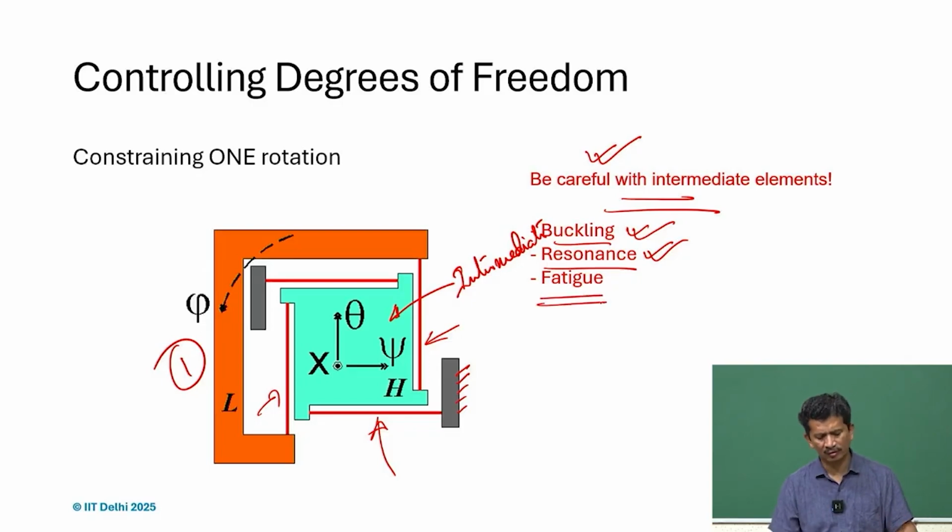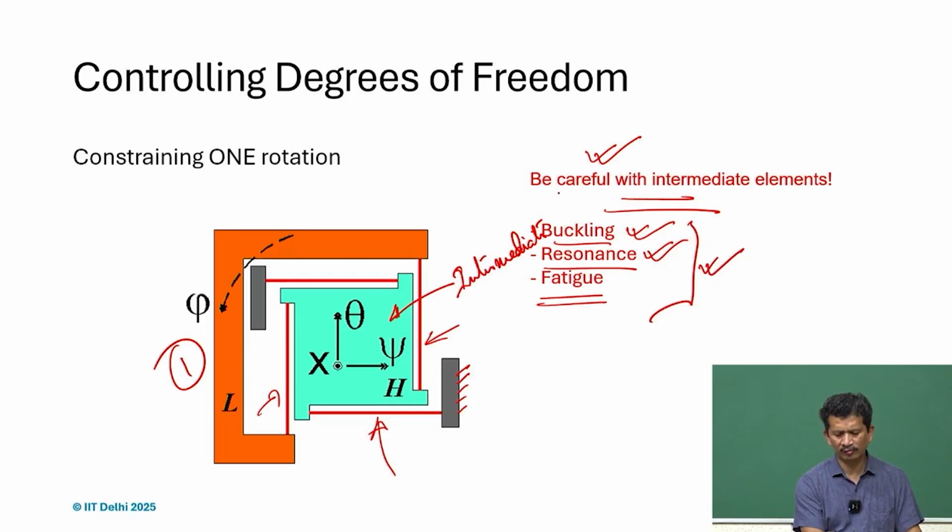So, if it is a high speed application, because of the dynamics, because of the resonance, things can move very fast and the amplitude can be high, and the members may fail under fatigue. So, we have to be aware of these things and be careful while designing that.